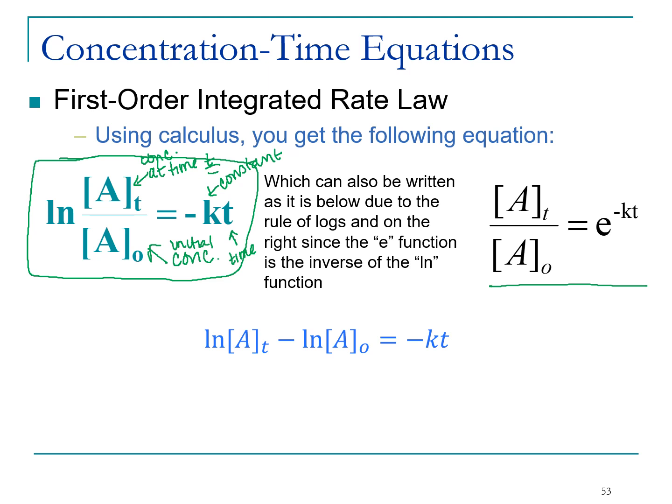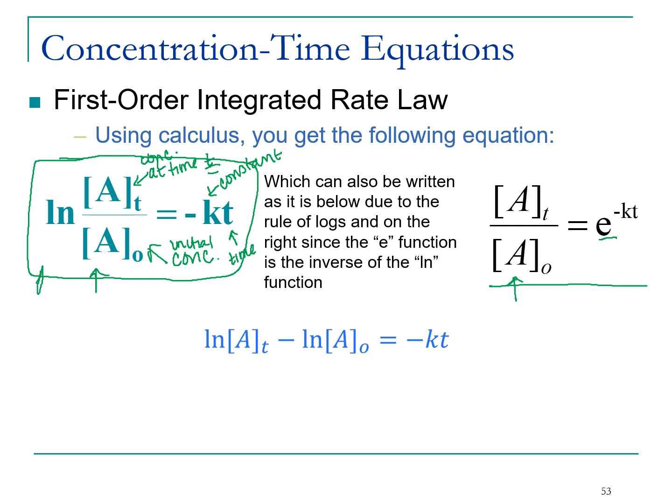If you take the natural log of something and you want to undo the natural log, it's taking e raised to that power. So if I undo the natural log on the left, I get [A]t over [A]0. If I undo the natural log on the right, because you have to do it to both sides, that's raising e to the negative kt. So these equations are the same, they're just written in different forms.